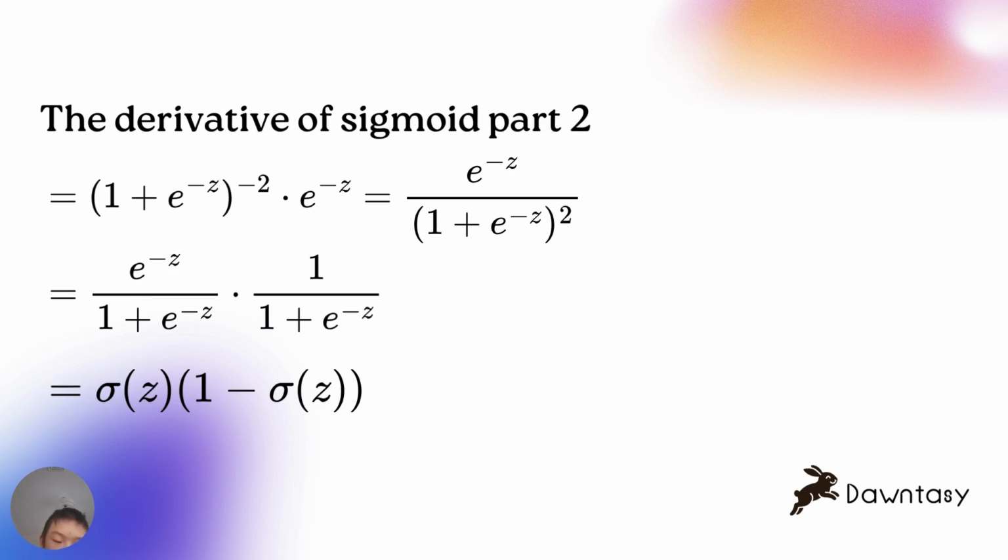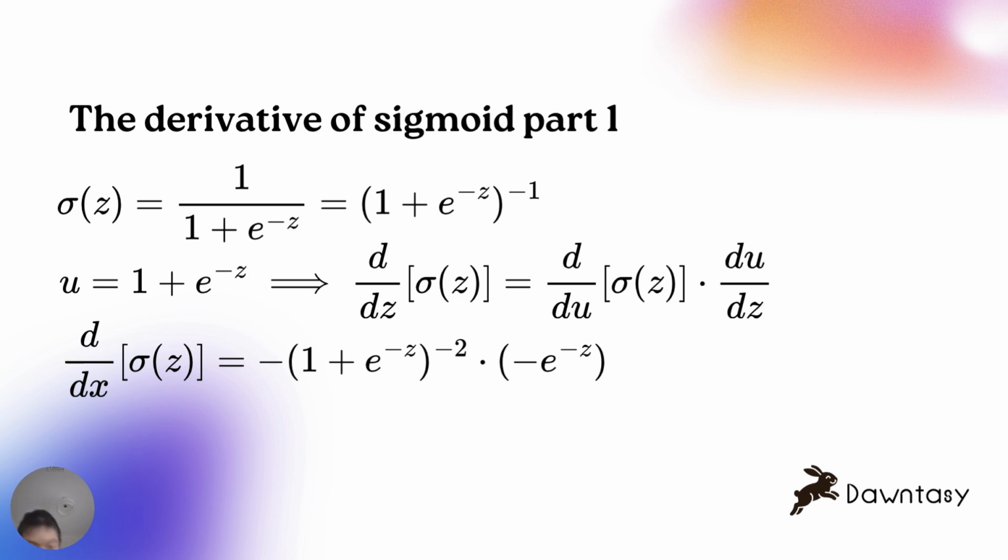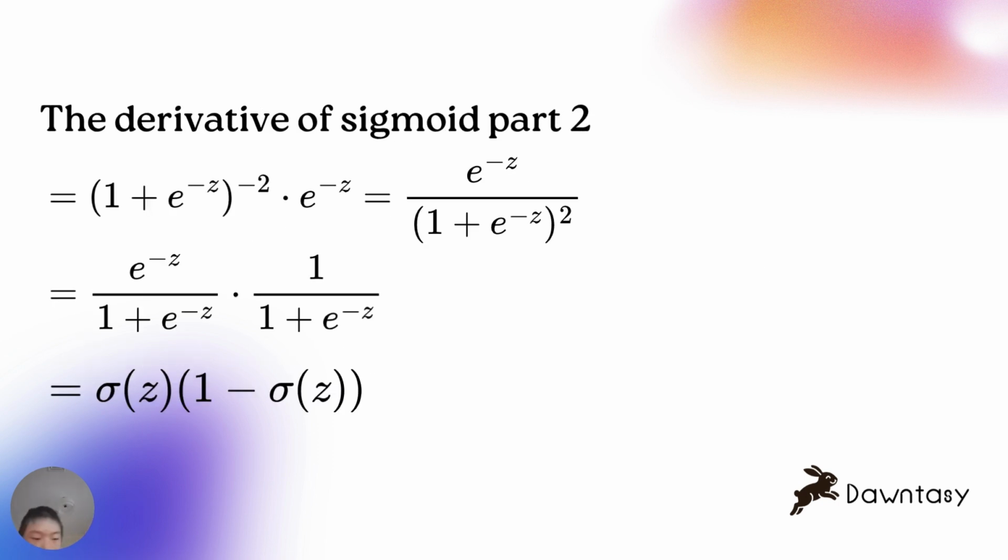And the first term is just 1 minus that function itself. So after all this, it simplifies beautifully into itself times its complement. So the derivative of sigmoid is actually very elegant. It's just itself times 1 minus itself, so basically its complement.